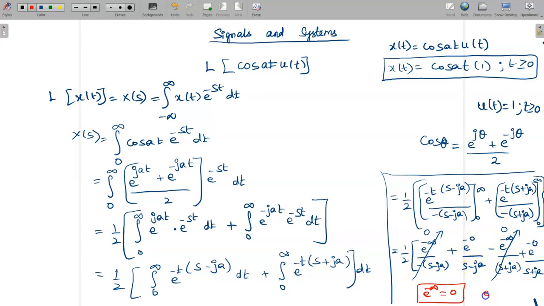Anyway, e power minus 0 or e power 0 are the same, which is equal to 1. So this term is nothing but 1, and again this term is nothing but 1. For both the terms I have 1 by 2 outside, so 1 by (s minus ja) plus 1 by (s plus ja), these two terms are there.